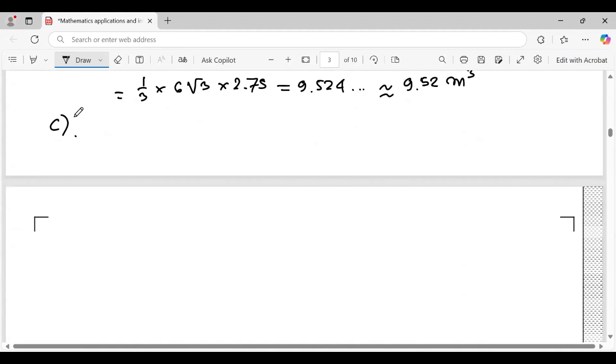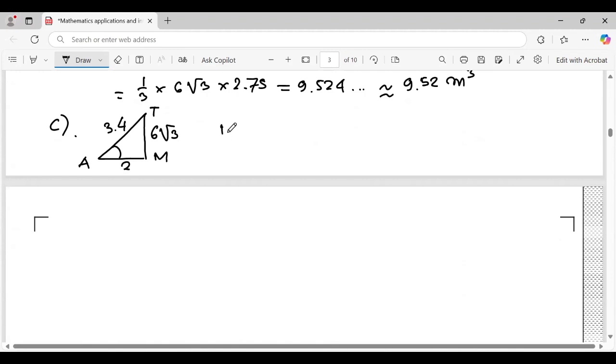We need to use cosine, but I will sketch first. Angle MAT, this angle. So this side is 2, this is 3.4 and this is 6 square root 3.